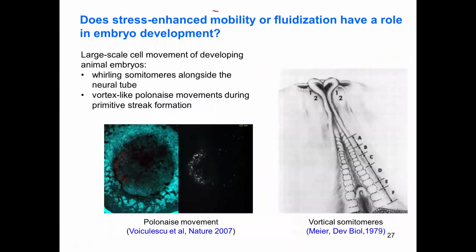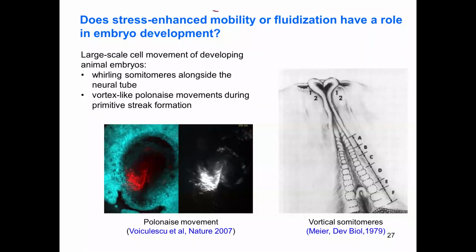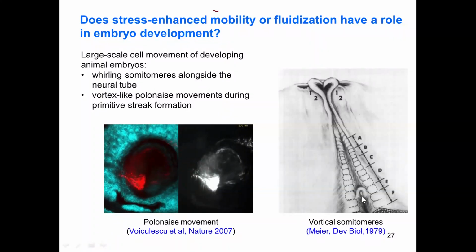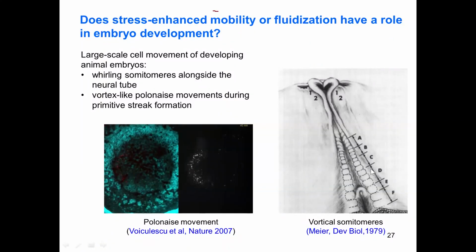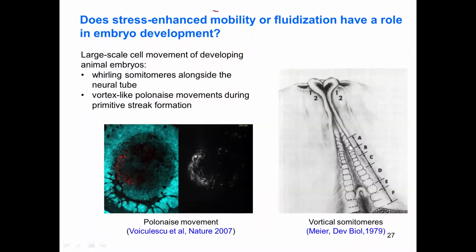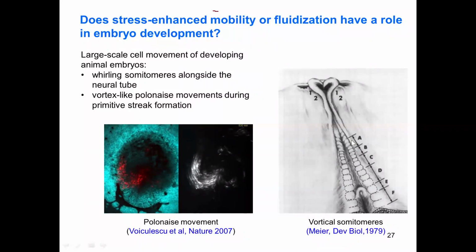But the main message is that here we suggest a purely physical mechanism that can lead to large-scale vortex pattern in living systems. Such large-scale vortex pattern has been observed along neural tubes during embryo development. It's called somitomeres. So these are basically vortices of cells in the developing tissue in an embryo.